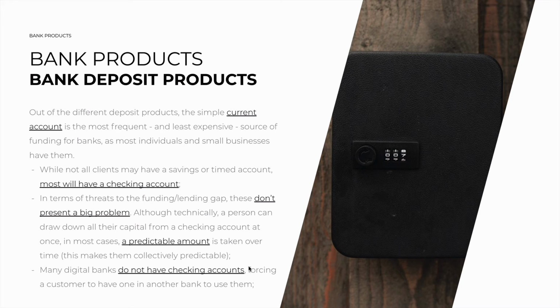And these force a customer to have a checking account in another bank to use those banks. This is also why many people don't consider digital banks to be quote-unquote real banks, so to speak, because the existence of a checking account as a product is what usually defines an actual bank.